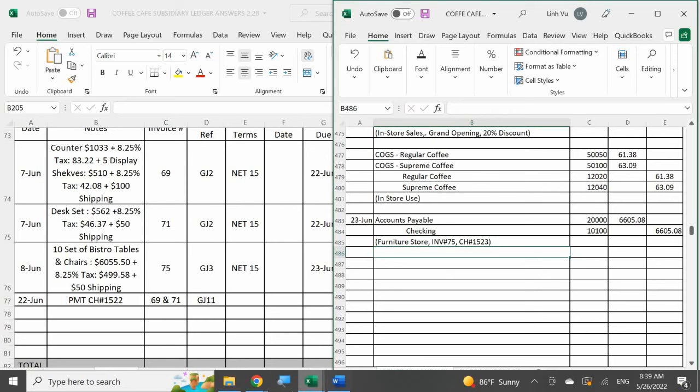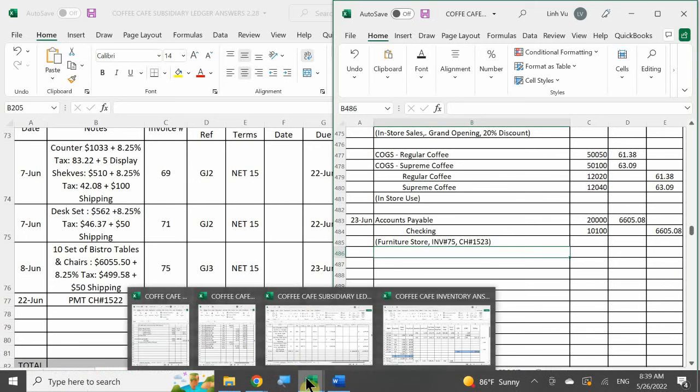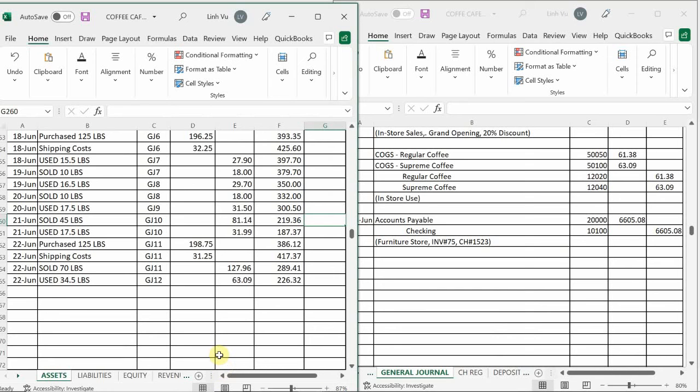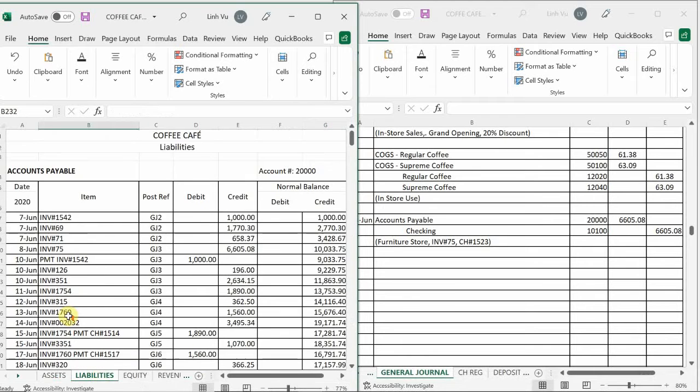So now I need to update my ledgers because I just spent more money and I just reduced a huge chunk of my accounts payable account. So in this case, let's do the accounts payable first.